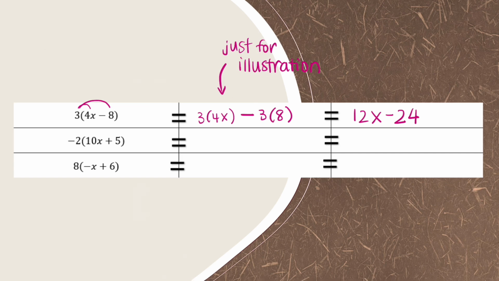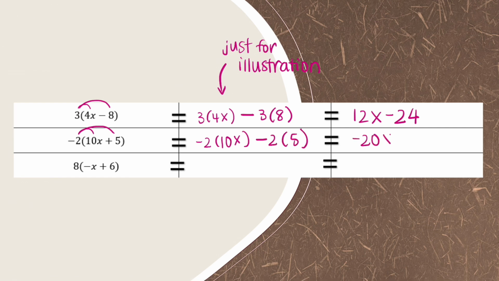Or in this one, again, we have to be careful about any negatives. So I would have negative 2 times 10x. And then I would have negative 2 times positive 5. Remember that a negative times a positive is still a negative. So it would be minus 2 times 5 again.